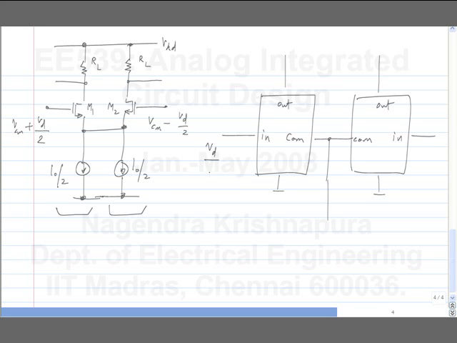This is Vd by 2, this is minus Vd by 2. The circuits are identical and the excitations are equal in magnitude and opposite in phase. So what can you say about these two voltages, and what can you say about this voltage? Let me call it VO1, VO2, and then this may be Vx.